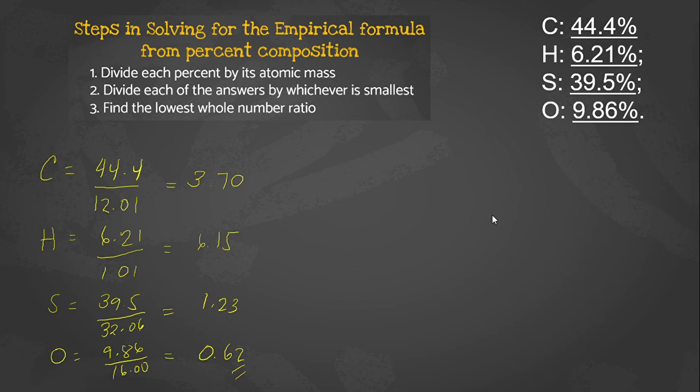Gawin natin blue naman para medyo ma-differentiate natin yung mga steps. Okay, so we divide this by 0.62. Lahat sila. Para makuha natin yung pinakamalapit na whole number ratio ng lahat ng mga yan.